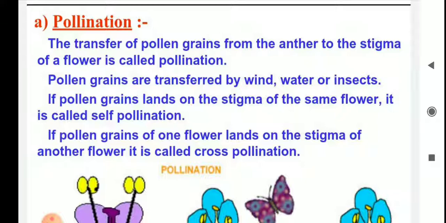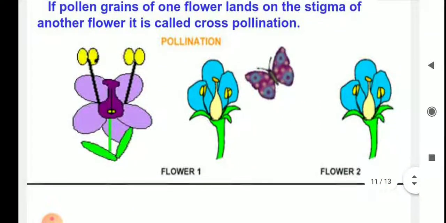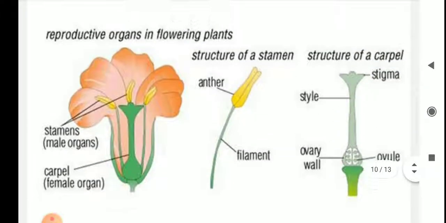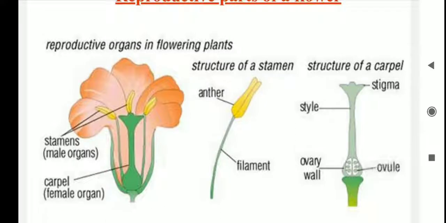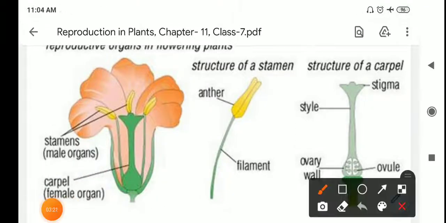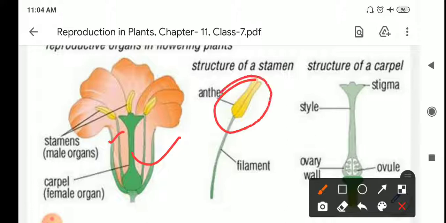Now we'll go to the structure of the flower again, and I will make you understand. In this structure, there are the anther, stamen and carpel. Pollen grains are found on the anther.